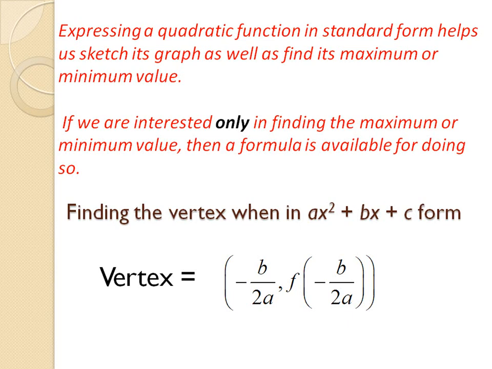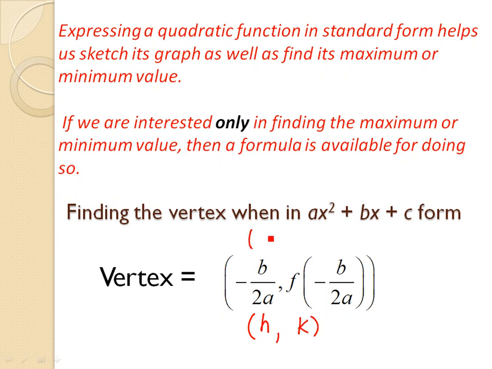Notice the formula here. The formula is negative b over 2a comma f of negative b over 2a. It's important that you realize that this is an ordered pair, and normally we write the vertex as (h, k).